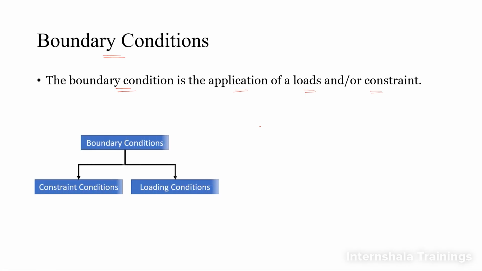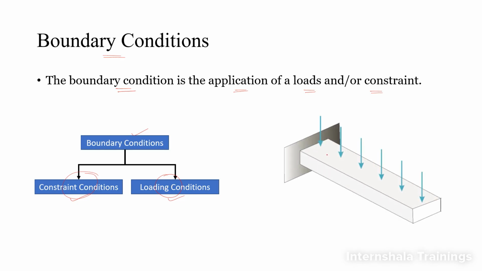See here, boundary conditions are divided into two types. One is the constraining conditions, the second one is the loading conditions. Using the combination of constraining conditions and loading conditions, we will try to simulate the environment in which the body is present or in which the body has to be tested.